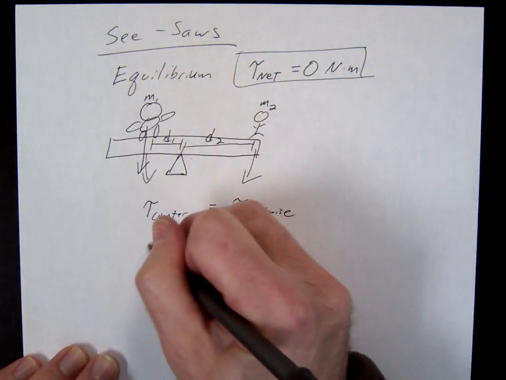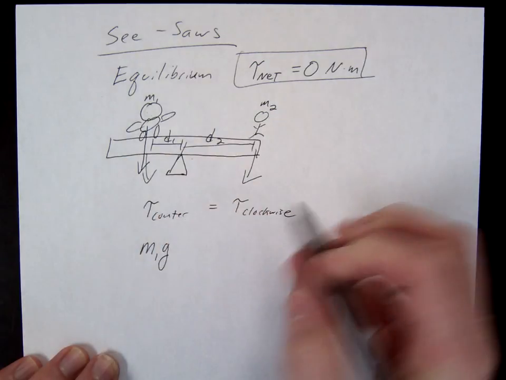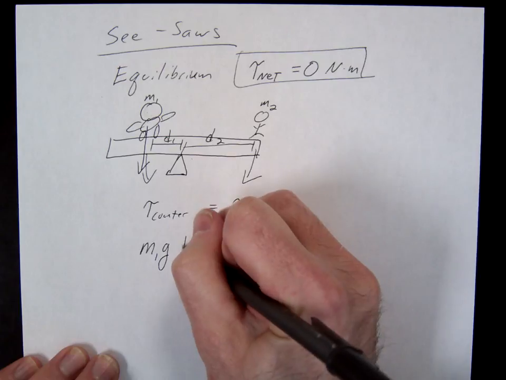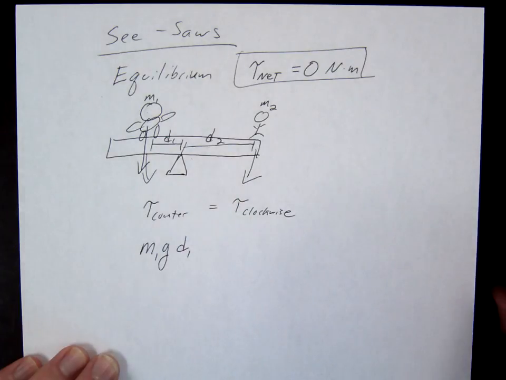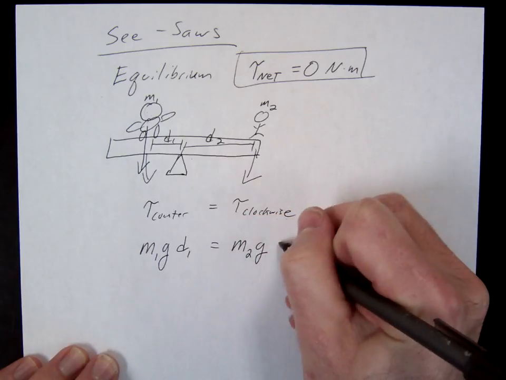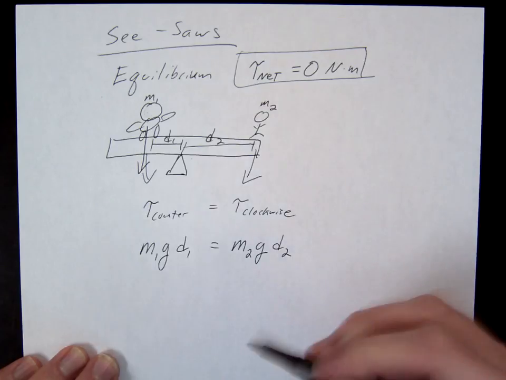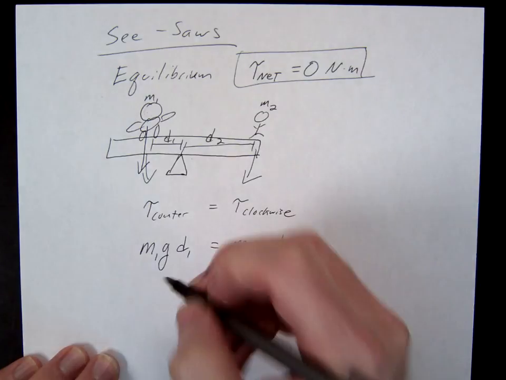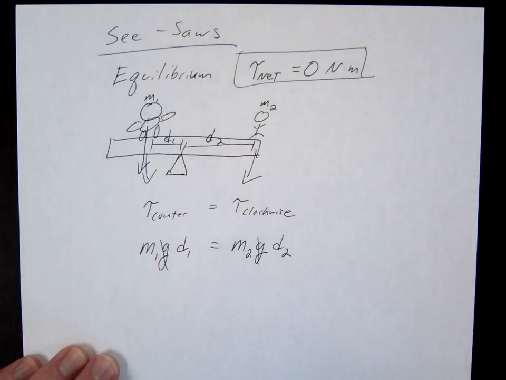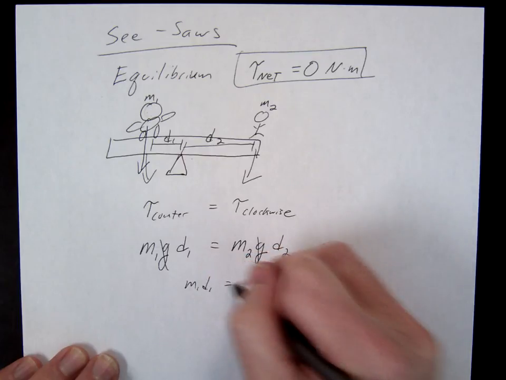Mg. So we could write his force is M1G, and then his torque therefore would be times D1. And the little guy's torque would be M2G times D2. What happens to the G's? They cancel out, right? And you're left with what? M1 D1 equals M2 D2.